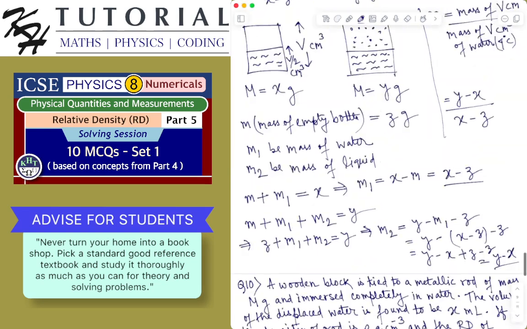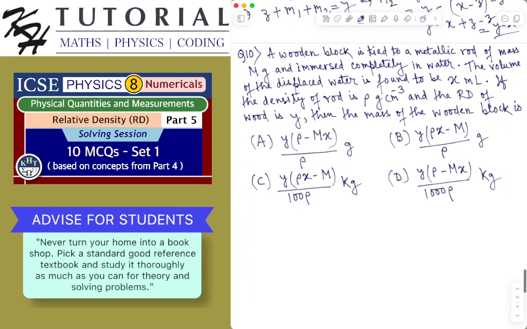Okay, let's see the last problem, question number 10. A wooden block is tied to a metallic rod of mass capital M gram, and immersed completely in water.